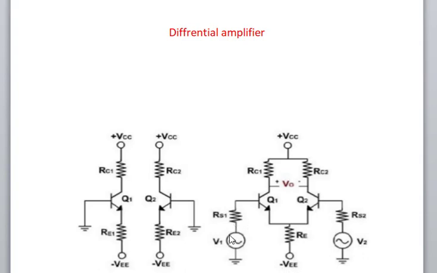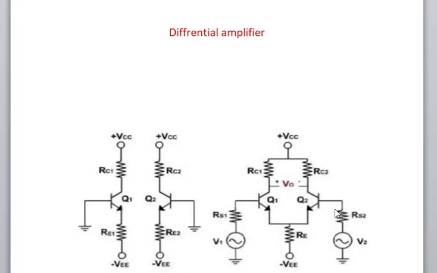So the first signal, input 1, is given to the base of the first transistor Q1 through the resistor RB1. And the second signal, second voltage V2, is given to the base of the second transistor Q2 through the resistor RB2.